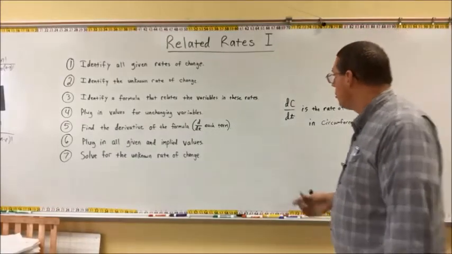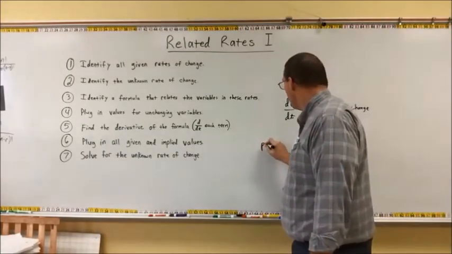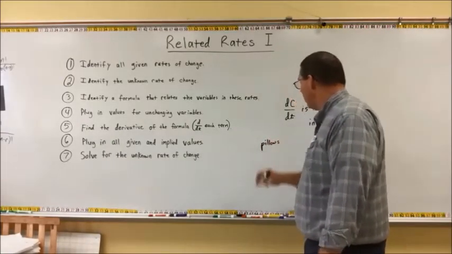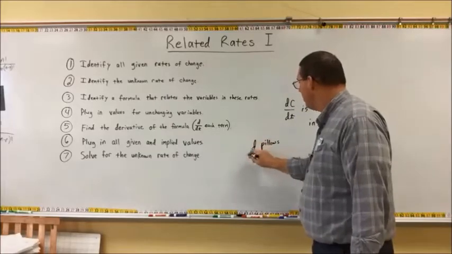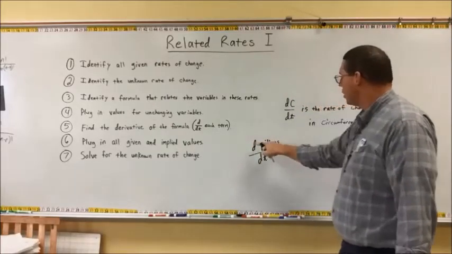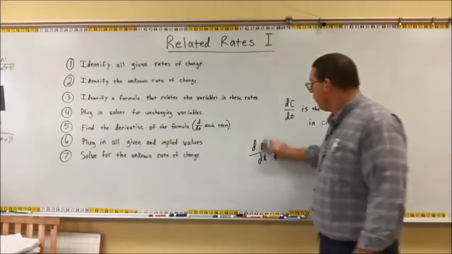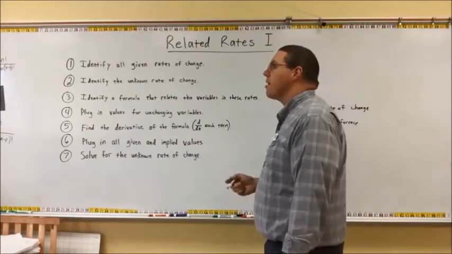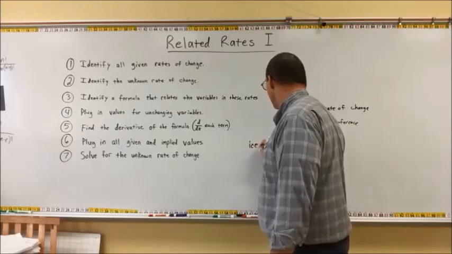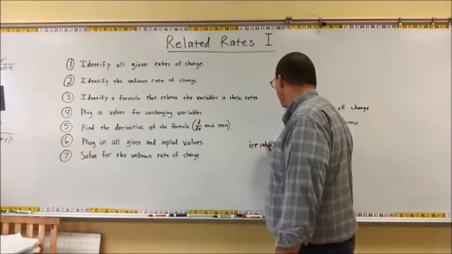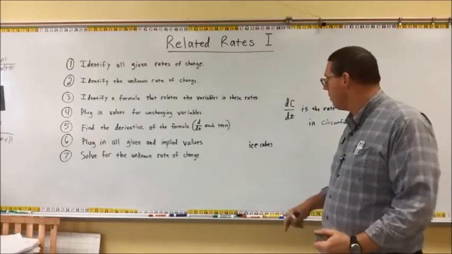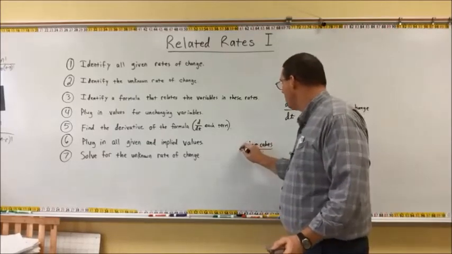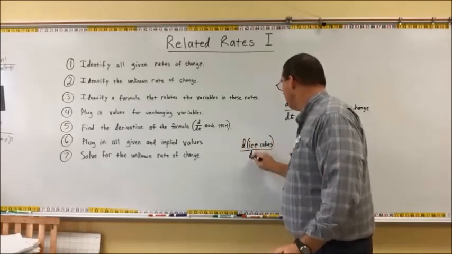If we wanted to know the rate of change in pillows, that would be d pillows dt. That's the rate of change in pillows over time. What if we wanted to know the rate of change in ice cubes? We know that the number of ice cubes is changing over time, and the rate of change in ice cubes would be d ice cubes dt.